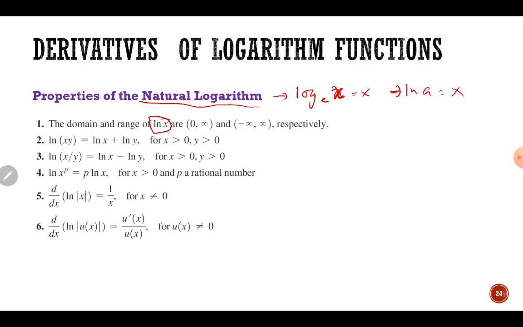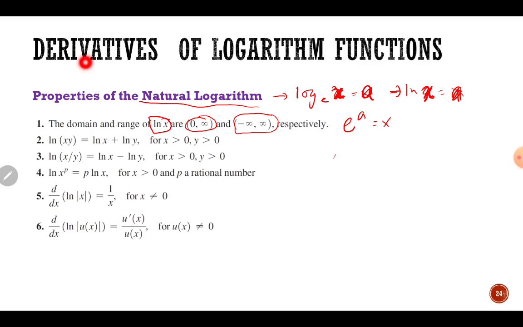Saya buat log X base E sama dengan A. So ln X kat sini dia akan jadi A, ataupun E to the power of A sama dengan X lah. Dia kata kat sini the domain and range of ln X are 0 to infinity and negative infinity to infinity.